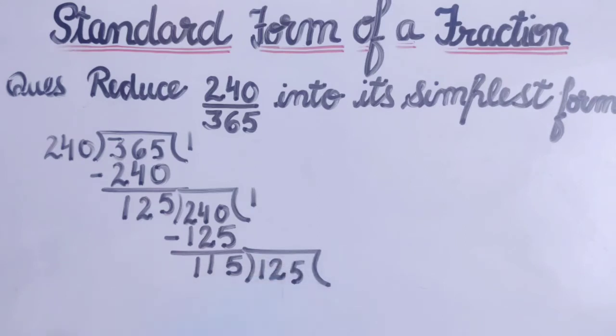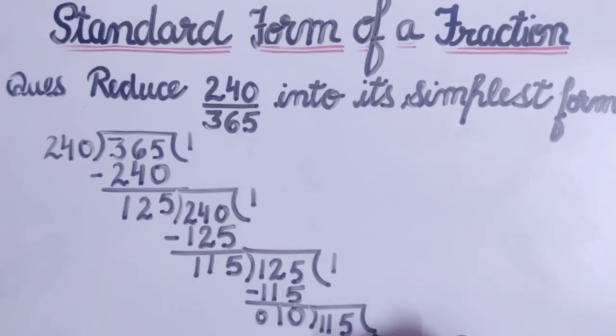We will continue the process till the time remainder does not come 0. Now 115 ones are 115. What is the remainder now? What will be the remainder students? Remainder will be 10.